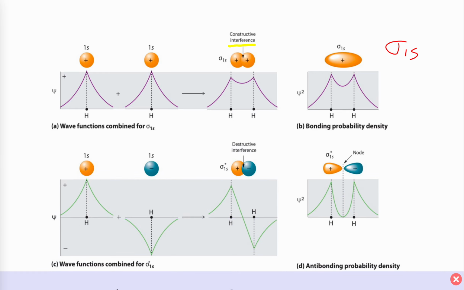But in the other combination, we are adding the 2 1s atomic orbitals out of phase, which is basically the same as subtracting one 1s atomic orbital from the other. That results in destructive interference between the wave functions. As a result, we obtain the sigma star 1s antibonding molecular orbital. As you can see, the out-of-phase combination results in a node between the 2 nuclei. That disfavors bonding.